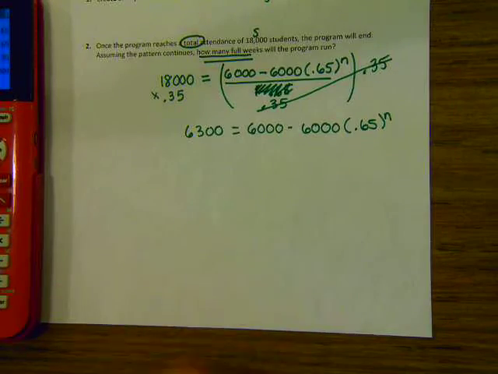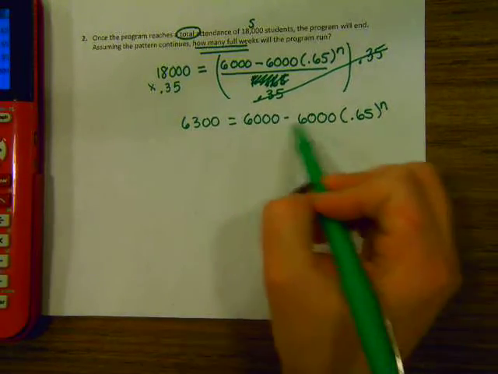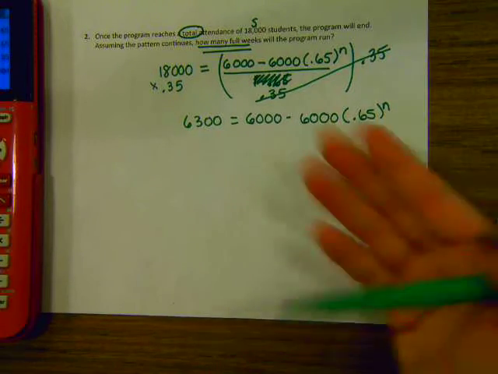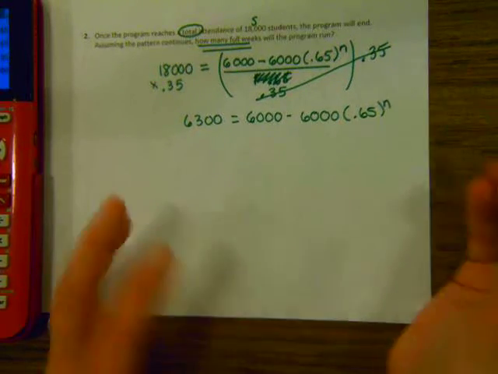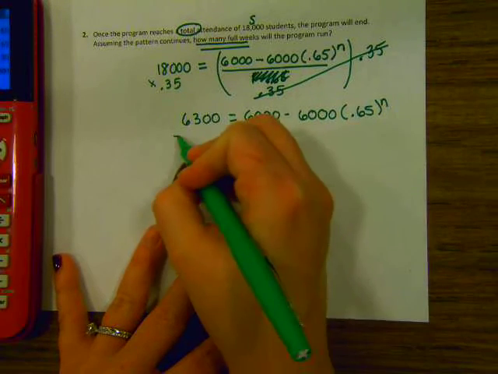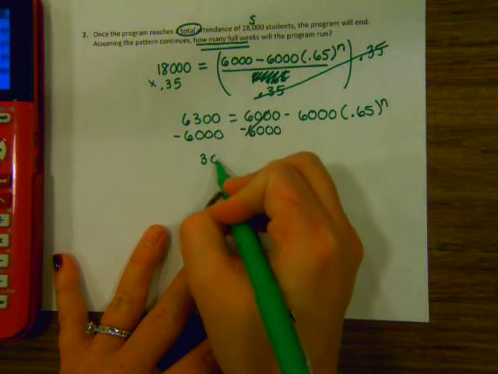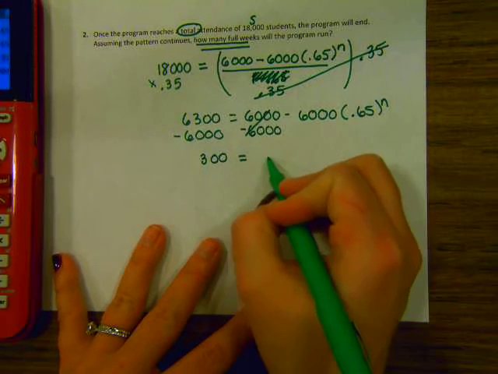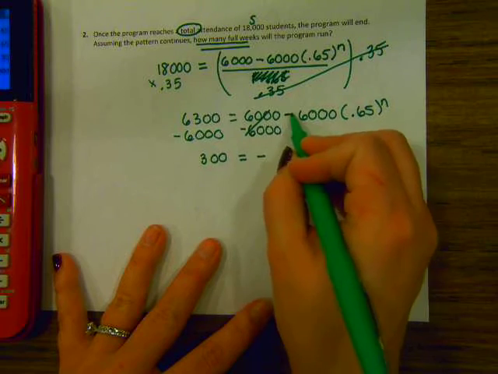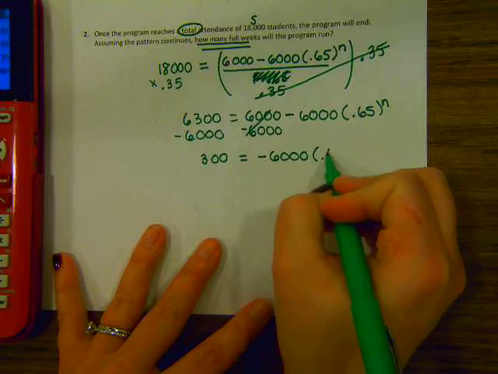Now again, at this point, if you're good with your calculator, you could put this in y1 and this in y2 and find the intersection, and it will find n for us. But I like to make it even smaller, so the opposite, I could just take this away. So then that makes 300 equals minus, remember, don't forget it's minus here, 6,000 times 0.65 to the n.